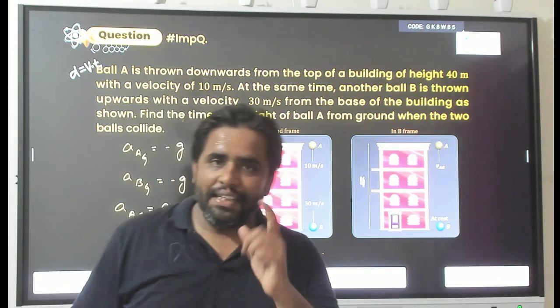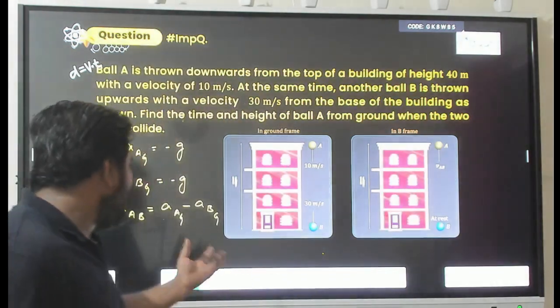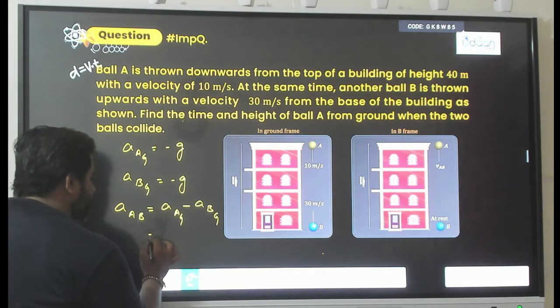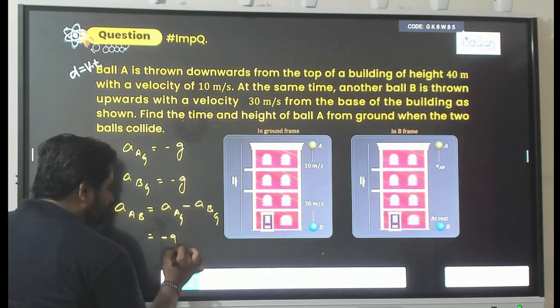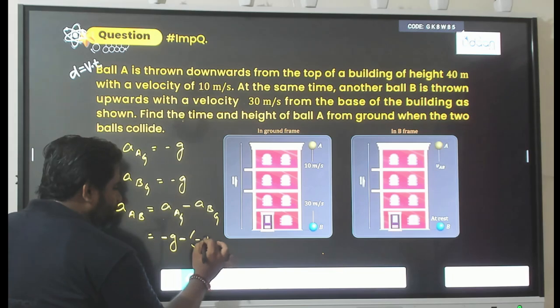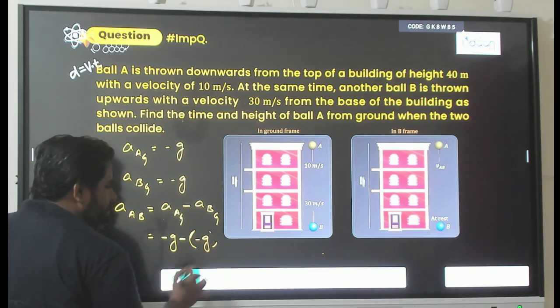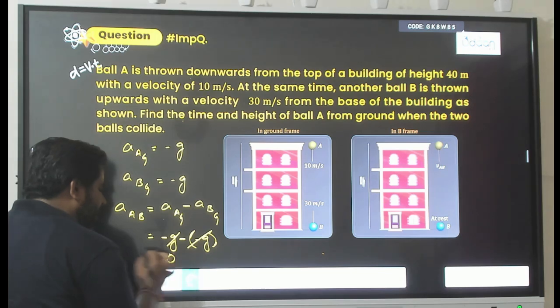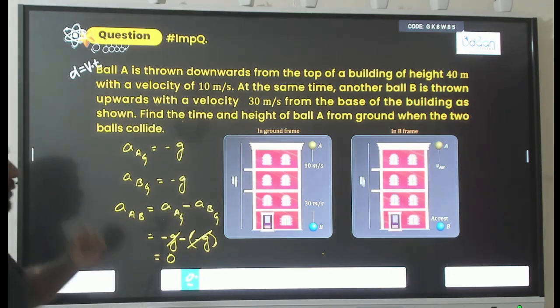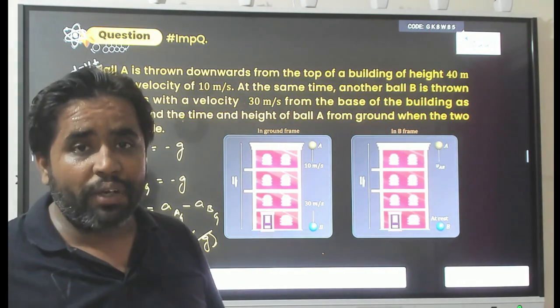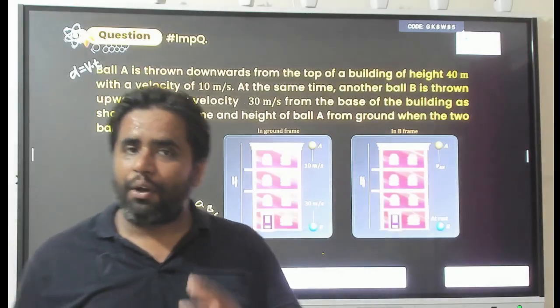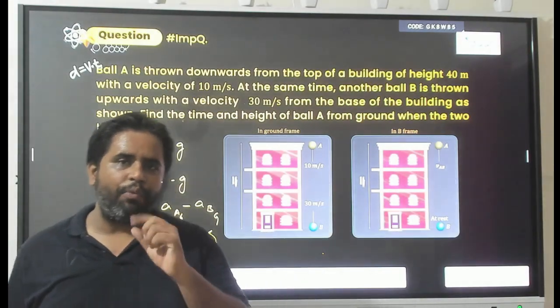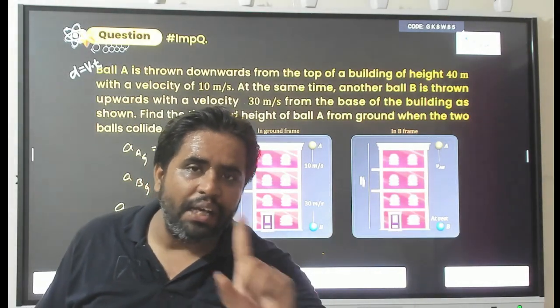Right, students? Yes. So this becomes minus g and this becomes minus g. They get cancelled out, and the relative acceleration will be 0. If the relative acceleration is 0, the relative velocity will be constant and it will be moving in a straight line.